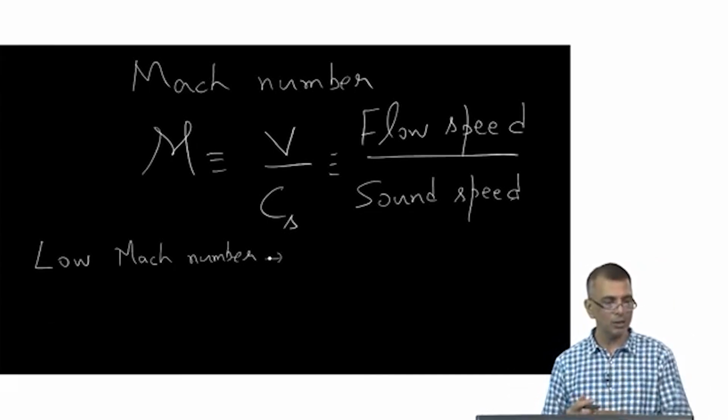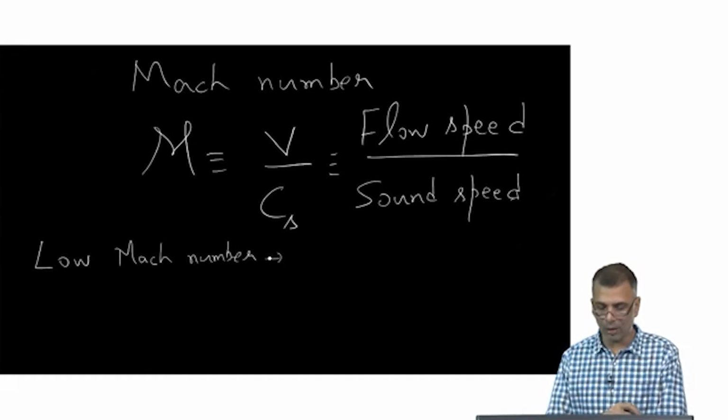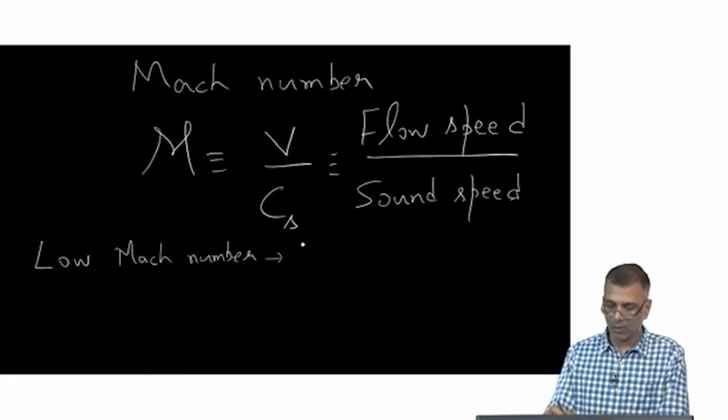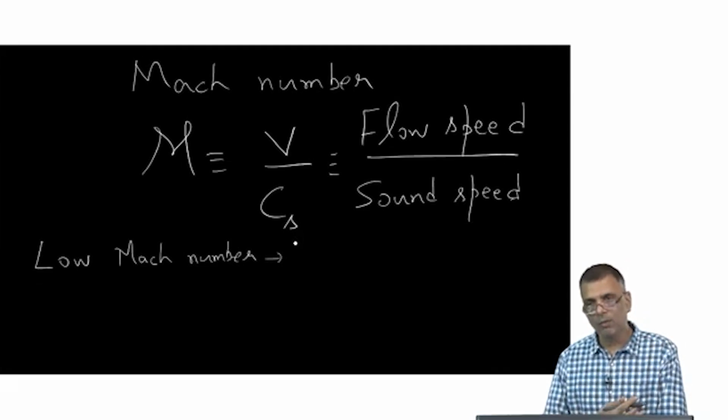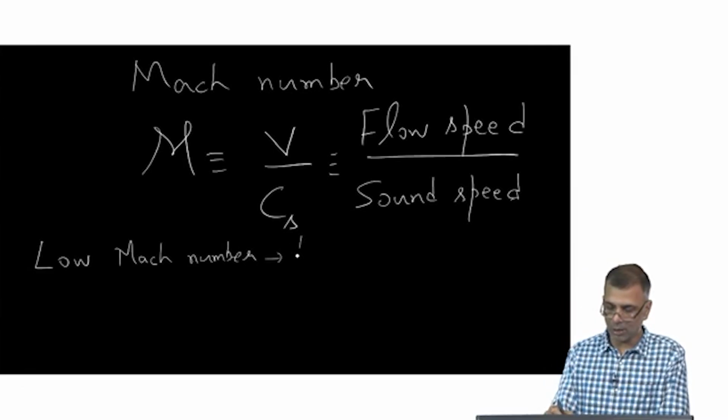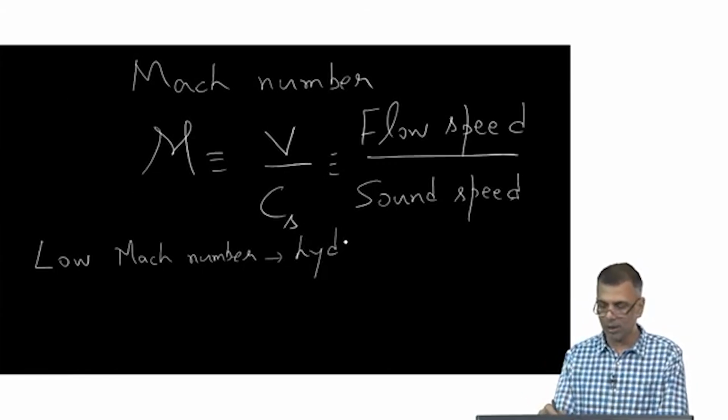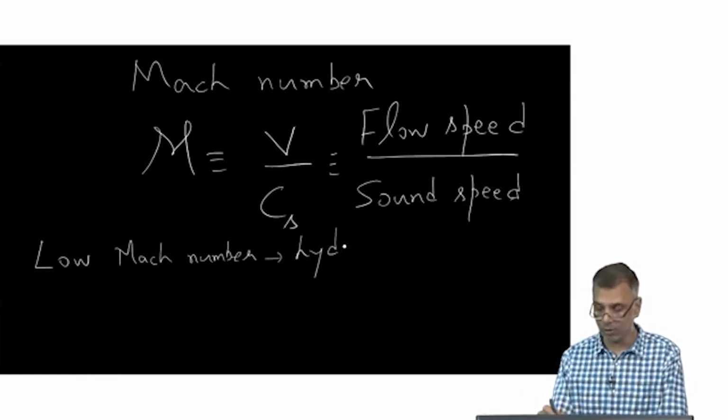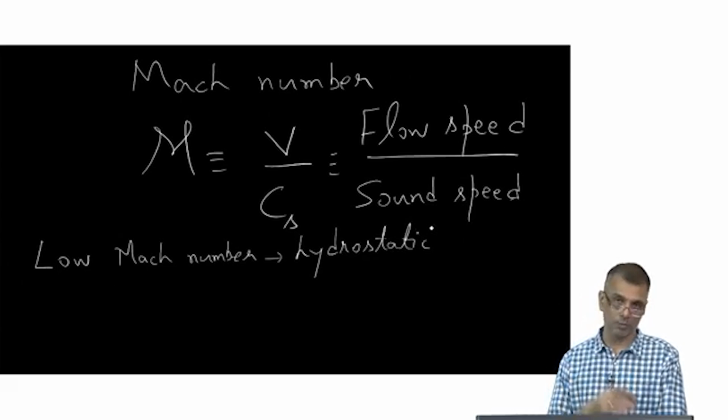And low Mach number situations can be considered to be hydrostatic. In other words, the inertial term is not that important, so the flow can be, almost to a good degree, depending upon how low the Mach number is, of course, considered to be hydrostatic, even though there's a flow.